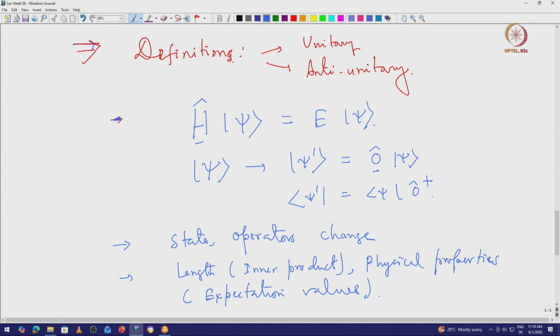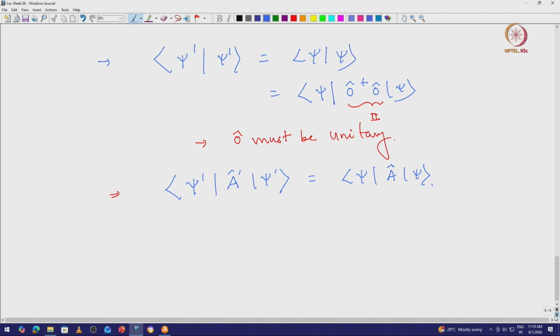So, there should not be any confusion, but sometimes it is not clear whether something is an operator or a number. So, I will try to use a hat if there is a confusion, but for the time being I do not see that there should be any confusion. So, we will not be careful about putting a hat.